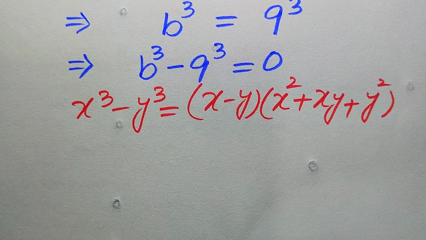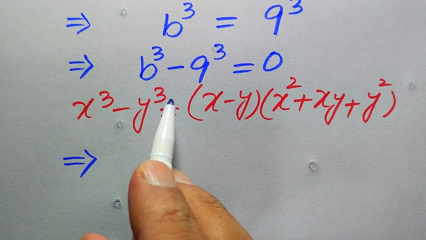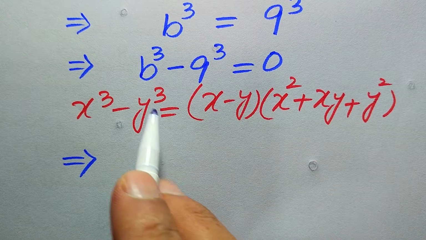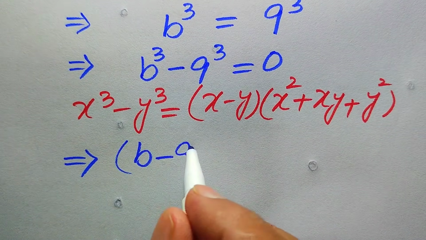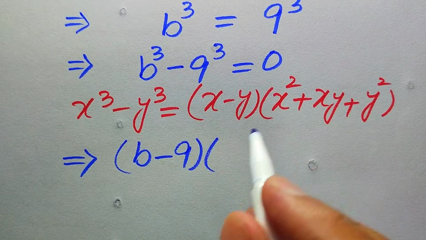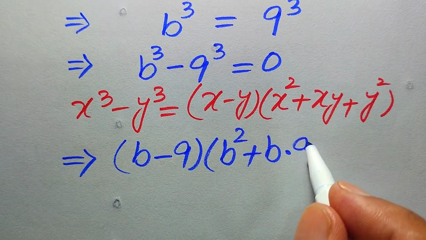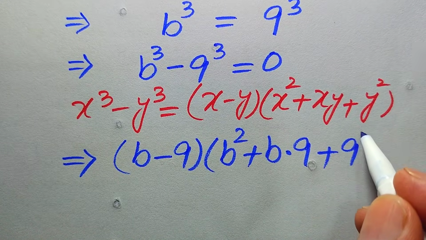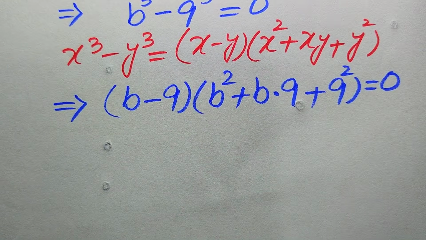So according to this cubic formula, we expand the left hand side of the above equation in this form. So this becomes b cubed minus 9 cubed, which is b minus 9 times b square plus b times 9 plus 9 square, and this whole equation is equal to 0.